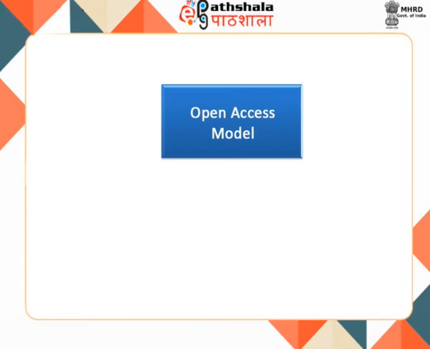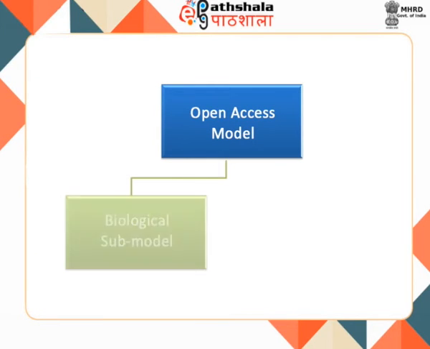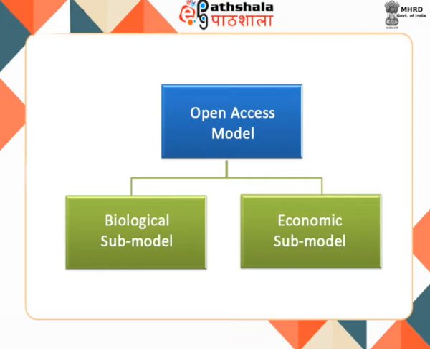Algebraically, the open access model has two components: a biological submodel describing the natural growth process of the fishery, and an economic submodel describing the economic behavior of the fishing boat owners.